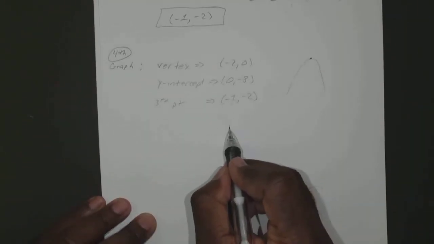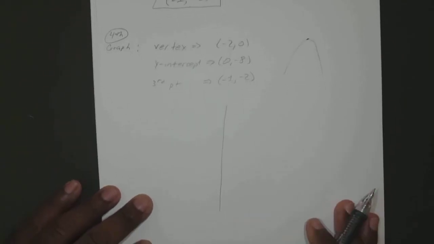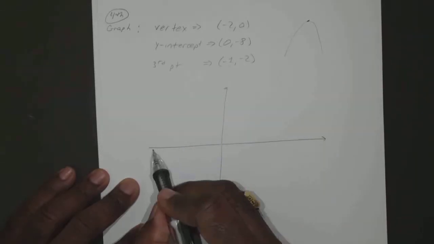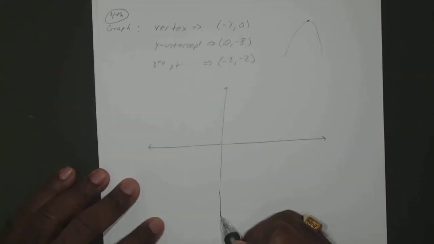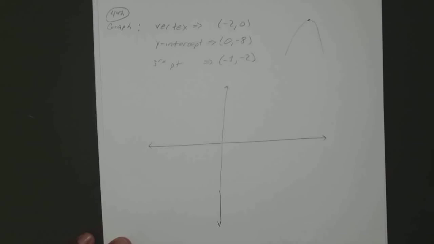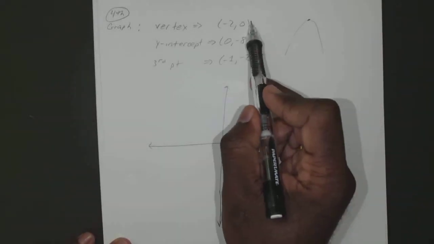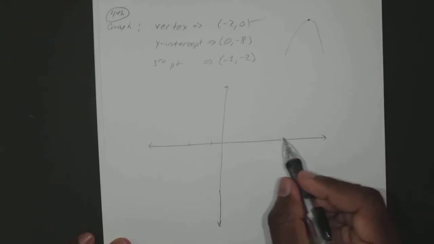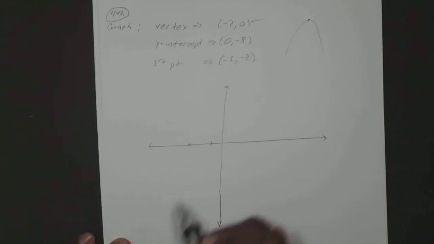Okay, so if we get our graph, let's say we graph our vertex, -2, 0.